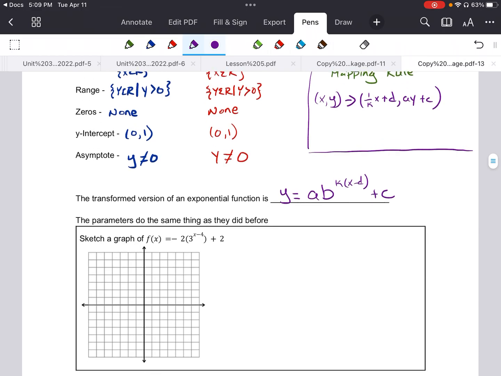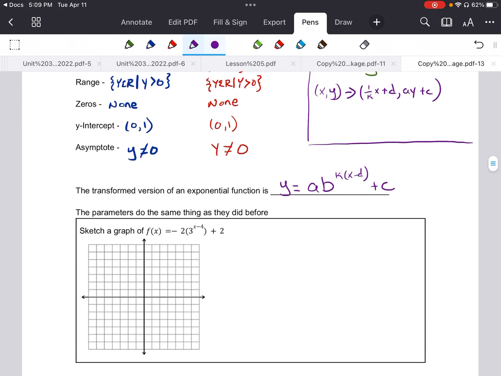Okay, the parameters do the same thing as they did before for the mapping rule. Sketch a graph of f(x) equals -2 times 3 to the power of (x minus 4), plus 2 for the c value. So we have a base of 3, but we have an a value of 2, or -2 if you want to include the reflection.